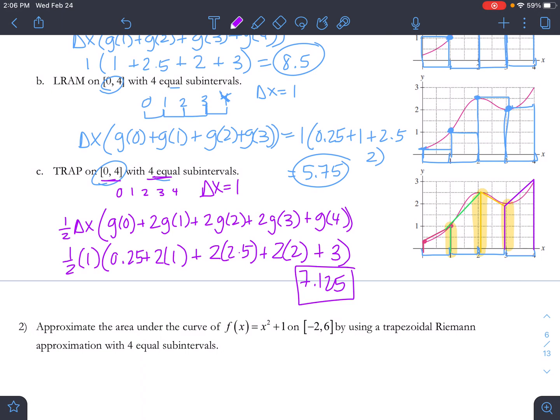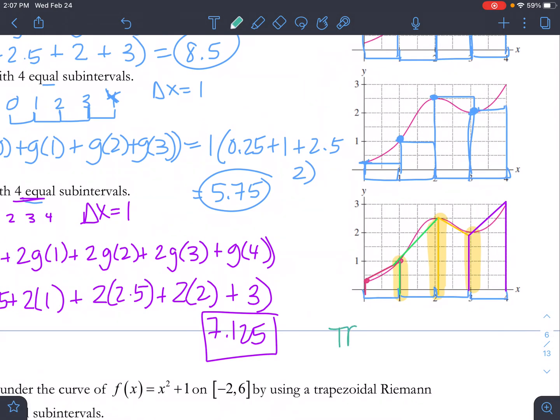All right. Now, one good thing to notice, and you might already notice this, is that the trapezoid method here is a little bit more accurate than rectangles, right? It kind of gets the area a little bit more accurately. Specifically, it's actually the average of LRAM and RRAM. So it's kind of a fun fact to know and could come up and be useful.